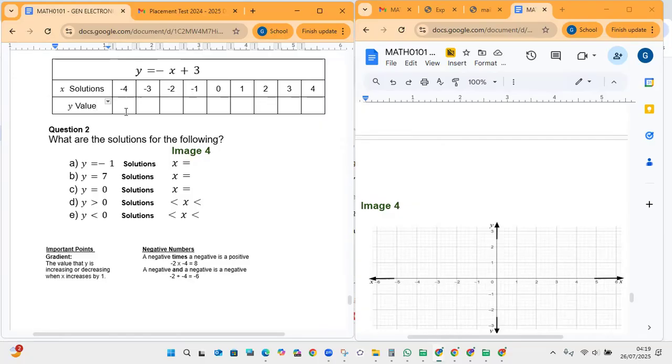That's very important. Now we have question number 2. It says, what are the solutions for the following? So when the value of y is equal to -1, what is the solution? It's very important for me to put here y values.